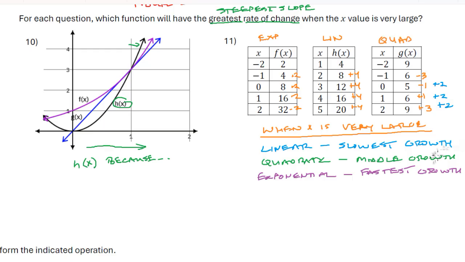So the slowest growth at high values of x will be linear. The middle growth at high values of x will be quadratic. But the largest growth or the highest rate of change when x is very large is going to be this graph right here. So the answer is f of x.